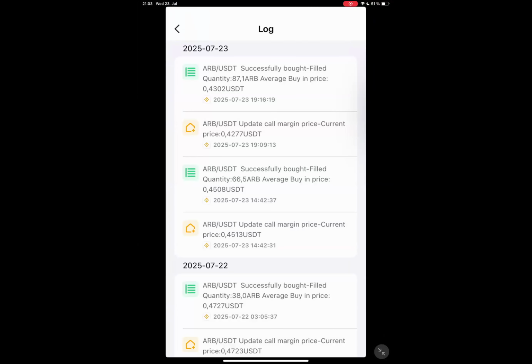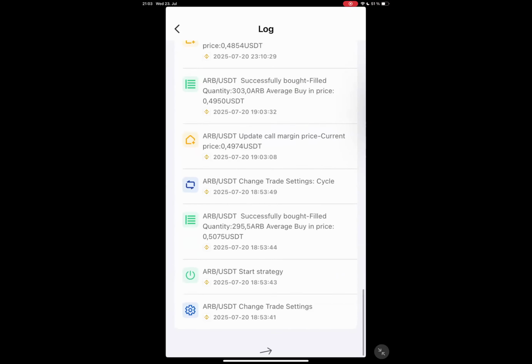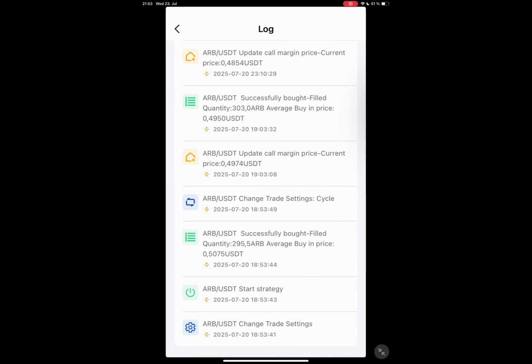You can see that ARB USDT successfully bought and failed. Now the log: whatever happens in the trade, you see it under the log. Whether you change trade settings, edit the take profit, or change the first buying amount, everything, you will see it under log. It's like the log book.